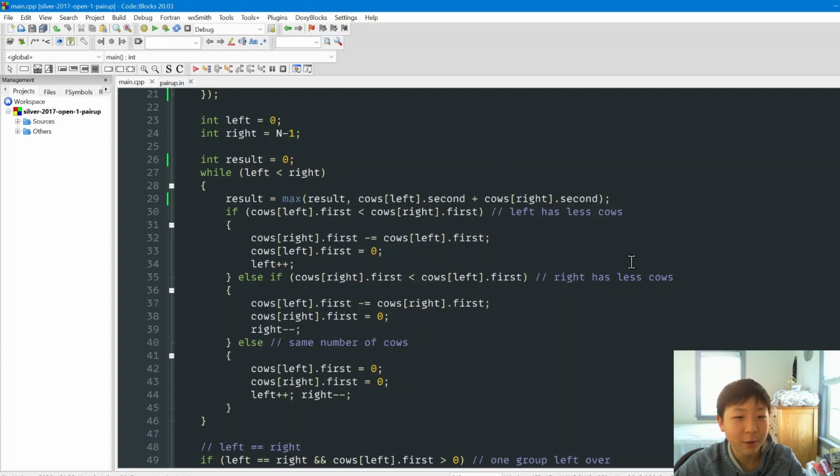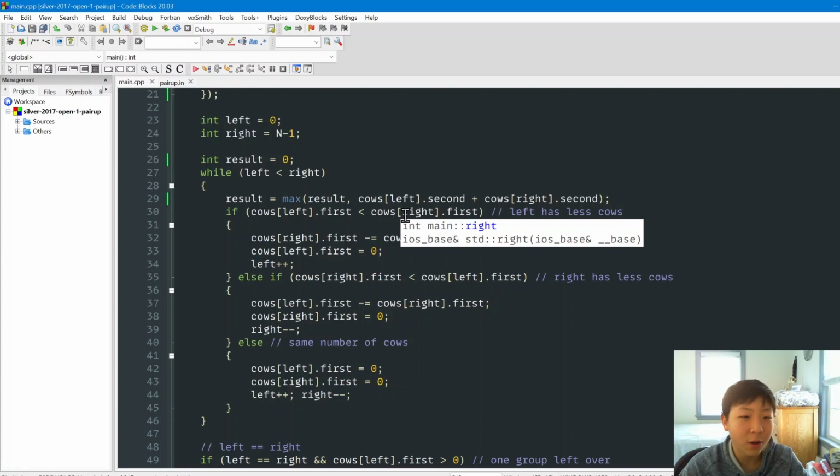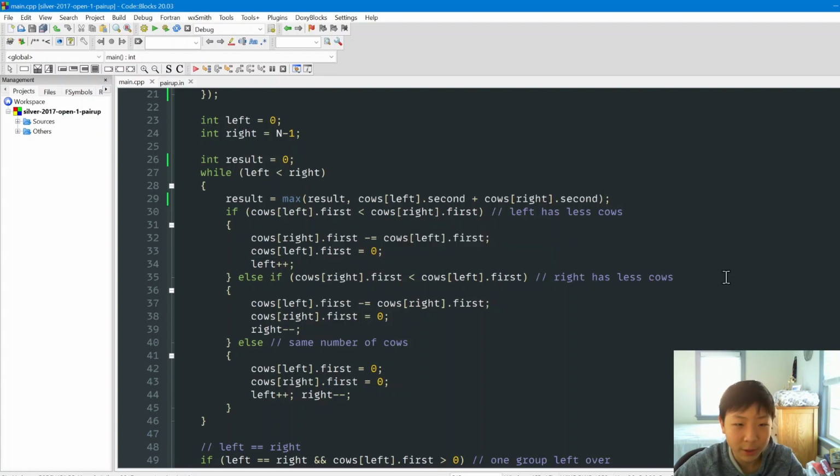Then we're going to try to increment the pointers to set up for the next loop. So we're going to say if cows left dot first is smaller than cows right dot first, that means cows left has fewer cows than cows right. We're going to take all of cows left's cows and pair it with cows right.